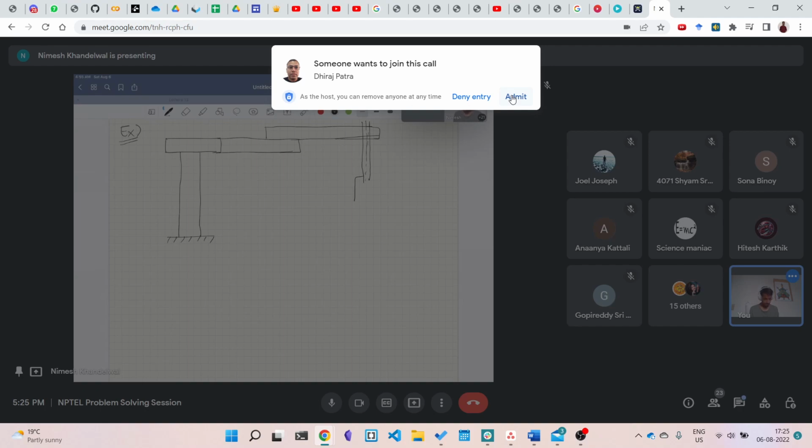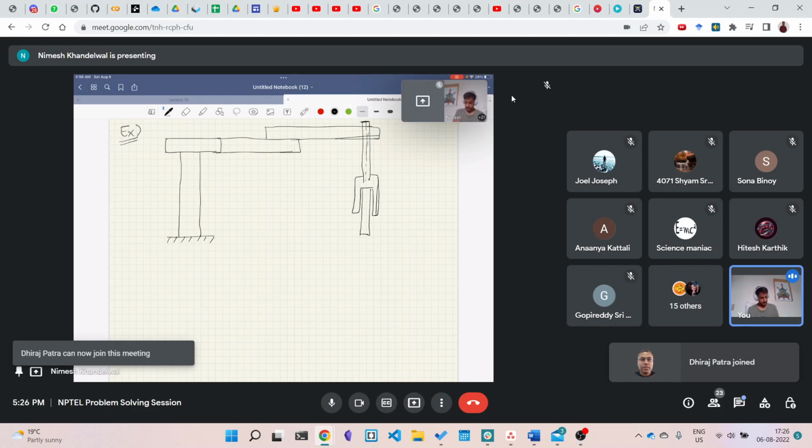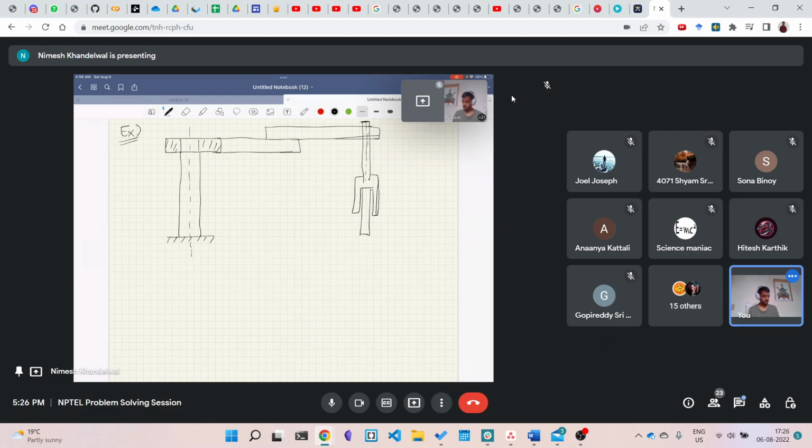So one axis is here, another is here, and then one axis is here, and you have another axis.